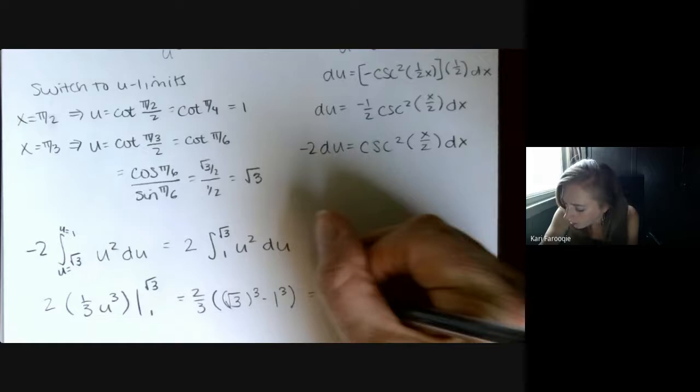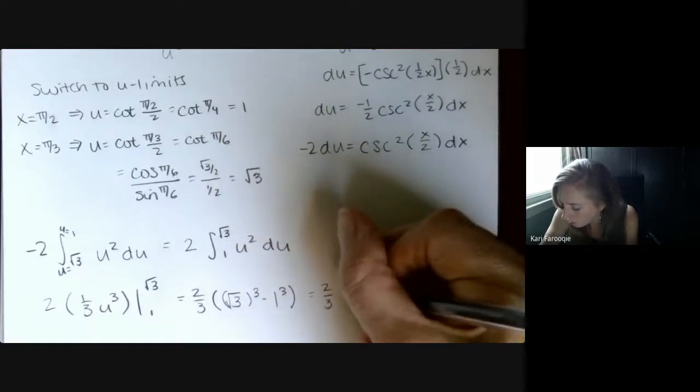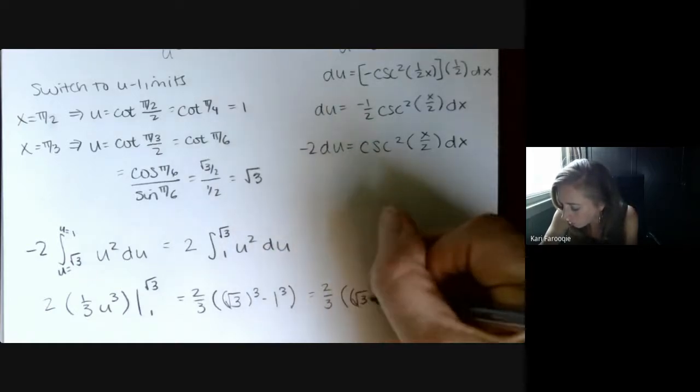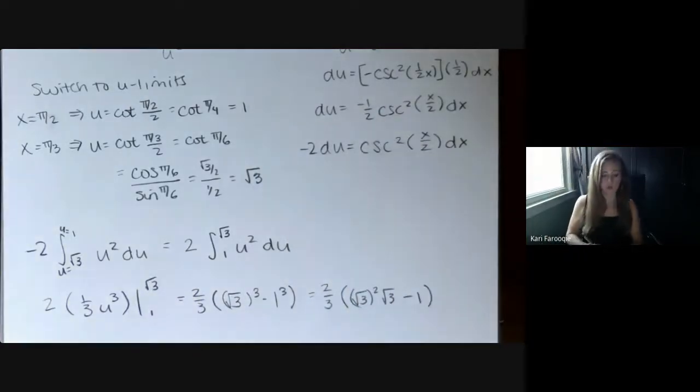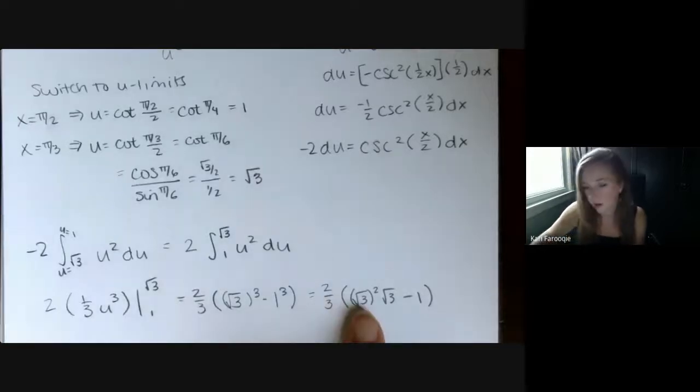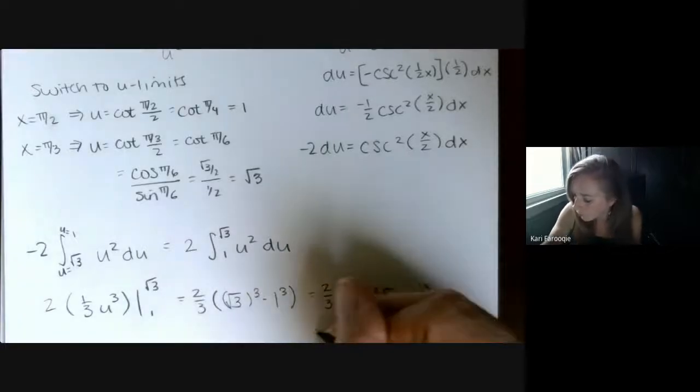Now, if you're writing the square root of 3 cubed, you can write it squared and then multiply it by another factor of the square root of 3, because when you are multiplying with the same base, you add the powers. So you can split it up as 2 and 1. The reason I would suggest that is because then when you square the square root, you can take the radicand out.